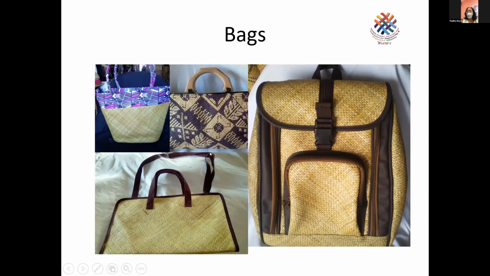Mats or finished woven products are designed and woven according to the demands of buyers. Tikog mats are made into bags like tote bags, convention bags, backpacks, wallets, purses, and other souvenir items.